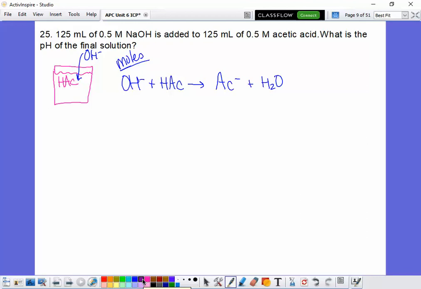All right. So how many moles of OH minus do I have to begin with? And how many moles of acetic acid? The same thing. How many moles of AC minus do I have to begin with? 0. And what about the water?